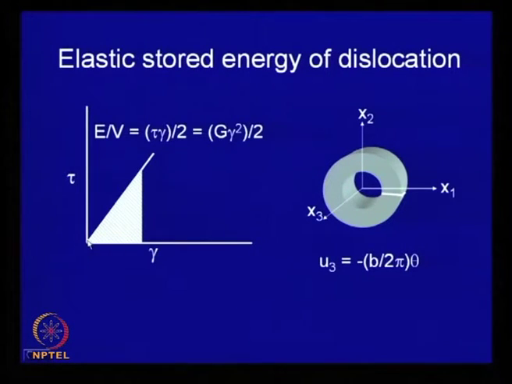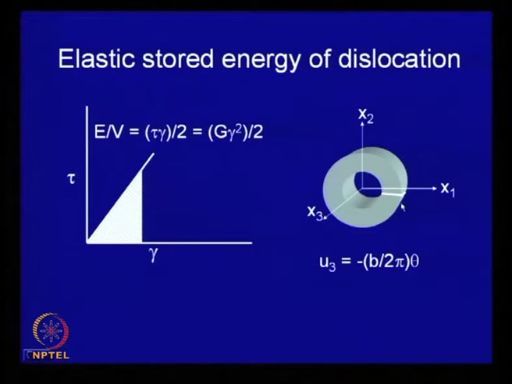To move this dislocation you have to apply a shear stress, and the shear stress and shear strain relationship is linear, and the energy per unit volume is given by the area under the curve. If you multiply the modulus by shear strain squared over 2, that is the elastic stored energy per unit volume.